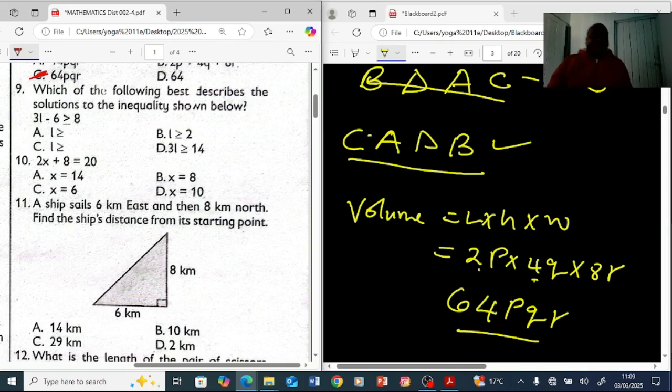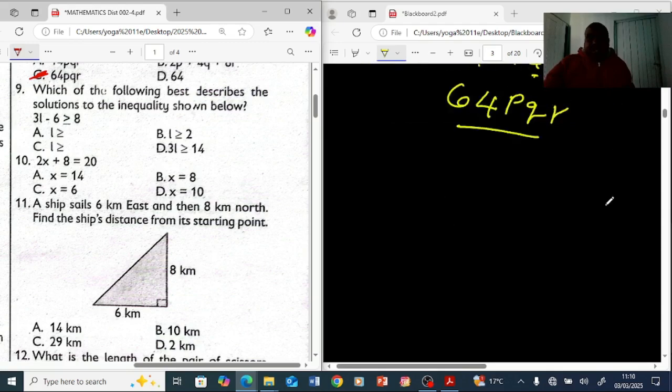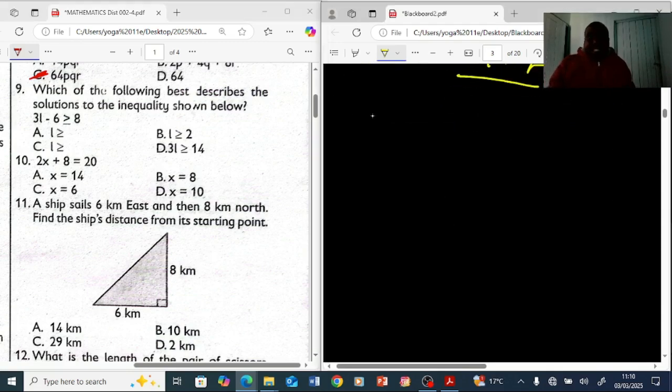Number 9. Which of the following best describes the solution to the inequality shown below? 3L minus 6 is greater or equal to 8.